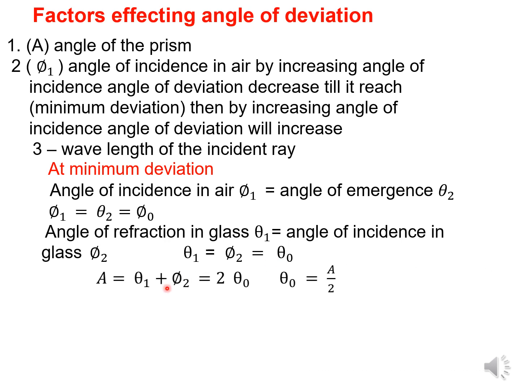Since A equals theta 1 plus phi 2, إذن A equals 2 theta node, because phi 2 and theta 1 at minimum deviation equal theta node. يبقى at minimum deviation A equals 2 theta node, يبقى theta node equals A divided by 2.